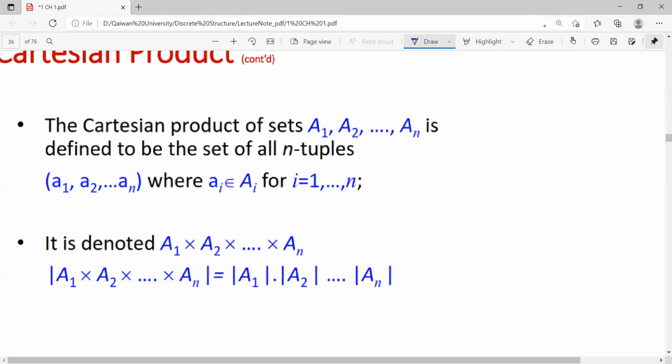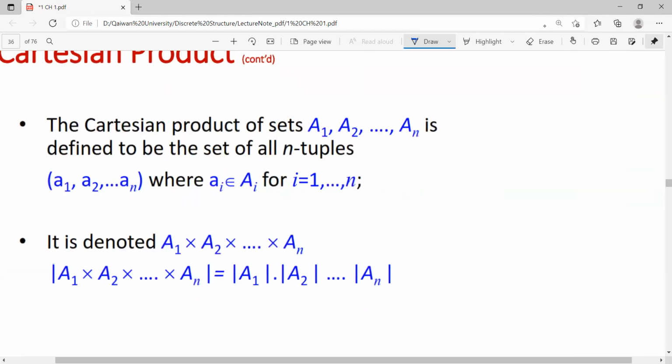And if you have n sets that you find their Cartesian product, if you have A1, A2 up to AN, and you want to find A1 times A2 times A3 up to AN, you get all the n-tuples that you get from these products.